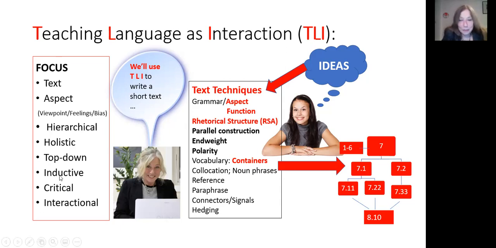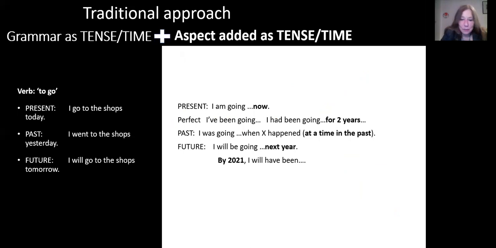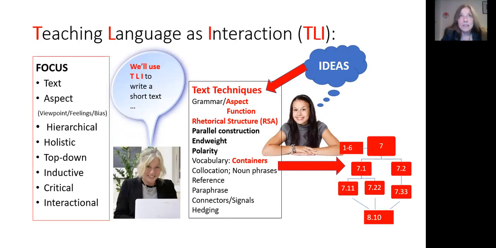It's inductive rather than deductive, so the students are led to the realization of the patterns and the meanings in language. So this is more empowering for them, and it's critical. So it's based in text analysis, and students are encouraged to criticize the language and also the ideas, and it's interactional.